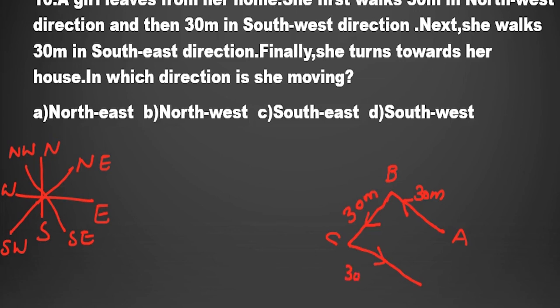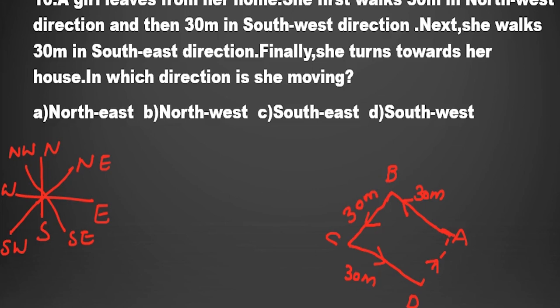This is also 30 meters up to D, southeast direction. Finally, she turns towards her house. In which direction is she moving?